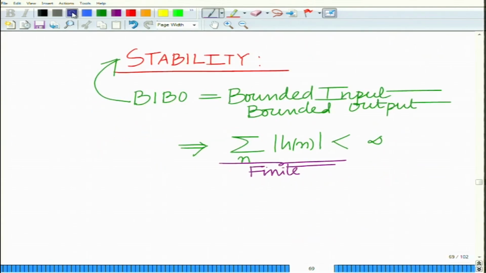We can show that this implies that for a BIBO stable system, the transfer function H(z) must include the unit circle in its ROC.